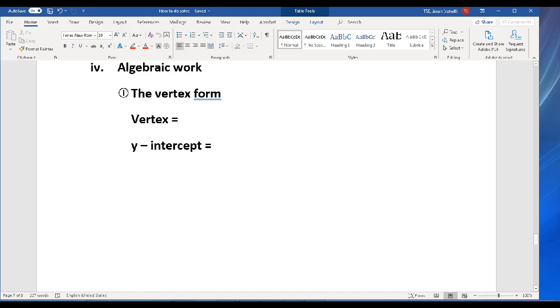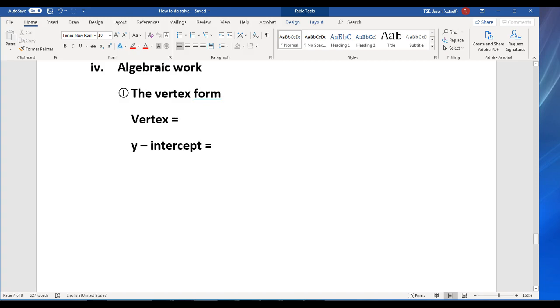First, let's see how we could do the vertex form. To do the vertex form, of course, you need to find the vertex from the group of data, and also need to find the y-intercept. If you don't like the y-intercept, you could use another point, but y-intercept is just more convenient for us, and vertex is a must. You must choose the vertex.